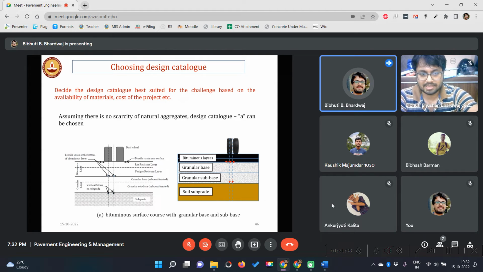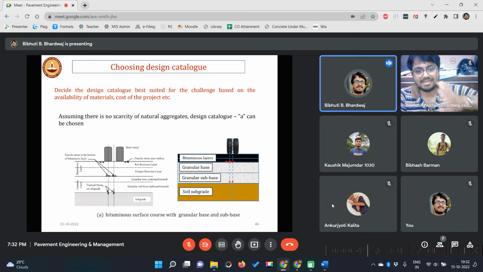As I said in our second class, you have to decide this catalog based on the availability of materials. If you don't have much aggregates, then you have to go for cemented base or cemented sub-base, because that will reduce the thickness of the layers. And when the thickness of the layers gets reduced, the amount of aggregates required will also get reduced.